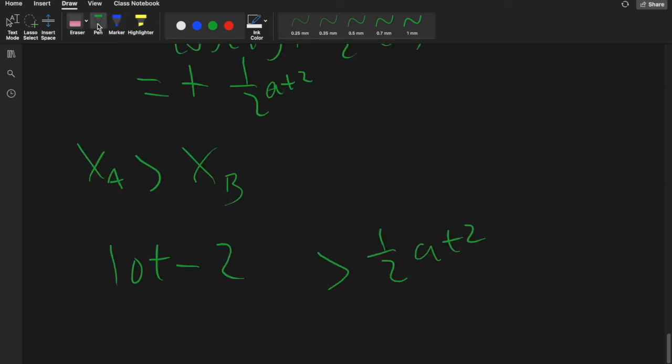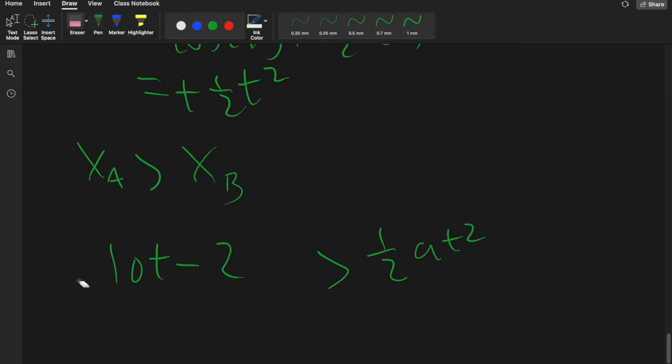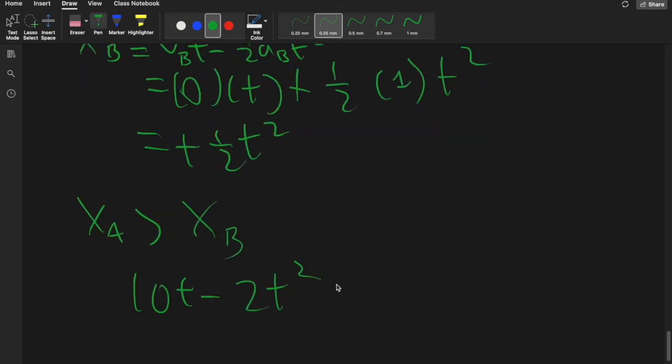Oops, sorry, I forgot to plug in the acceleration for B, so here it should only be positive. So there's no A anymore. So a half t squared. So just let me erase this equation and rewrite it real quick. 10t minus 2t squared is greater than a half t squared.